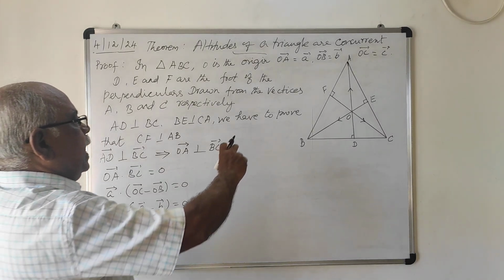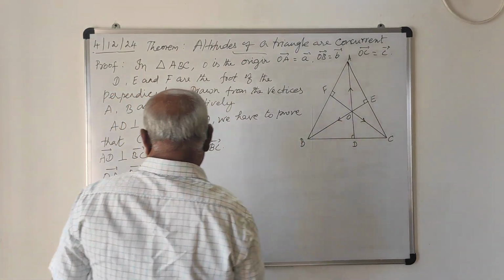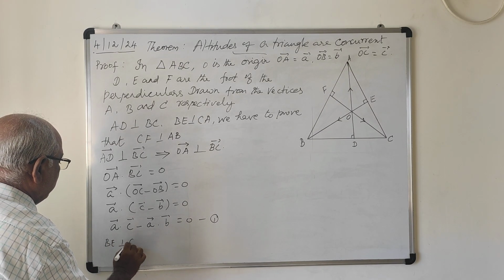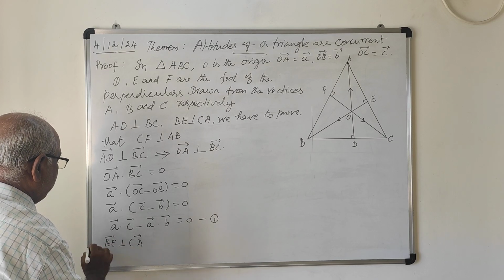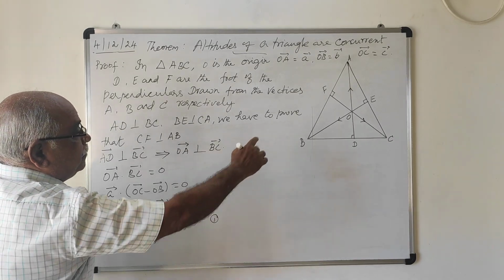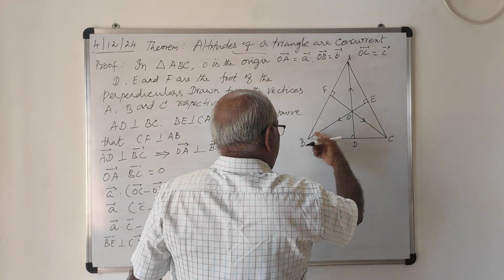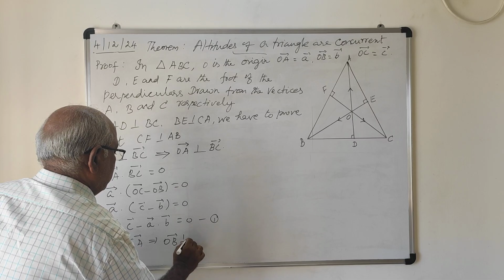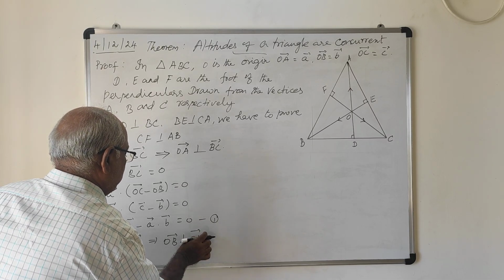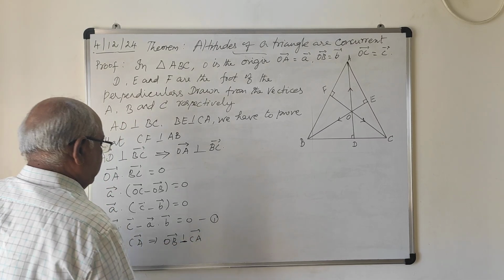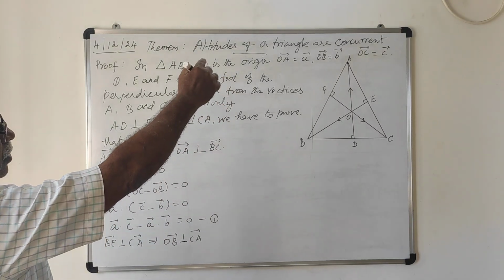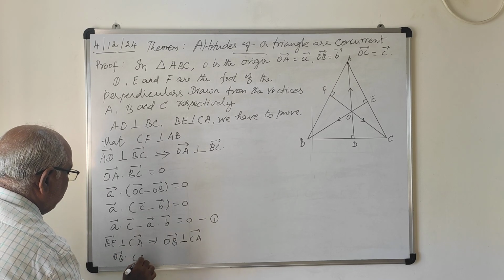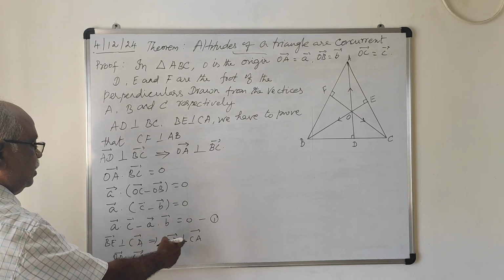Similarly, BE is perpendicular to CA. On the line BE, OB is there, therefore OB is perpendicular to CA. That means OB dot CA is 0, because the dot product of two perpendicular vectors is 0.